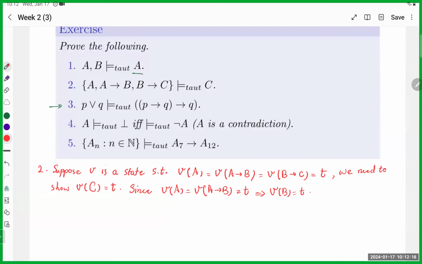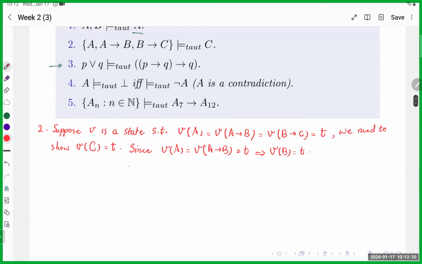So since V of B is true and V of B implies C is true, we conclude V of C is true. And we are done.